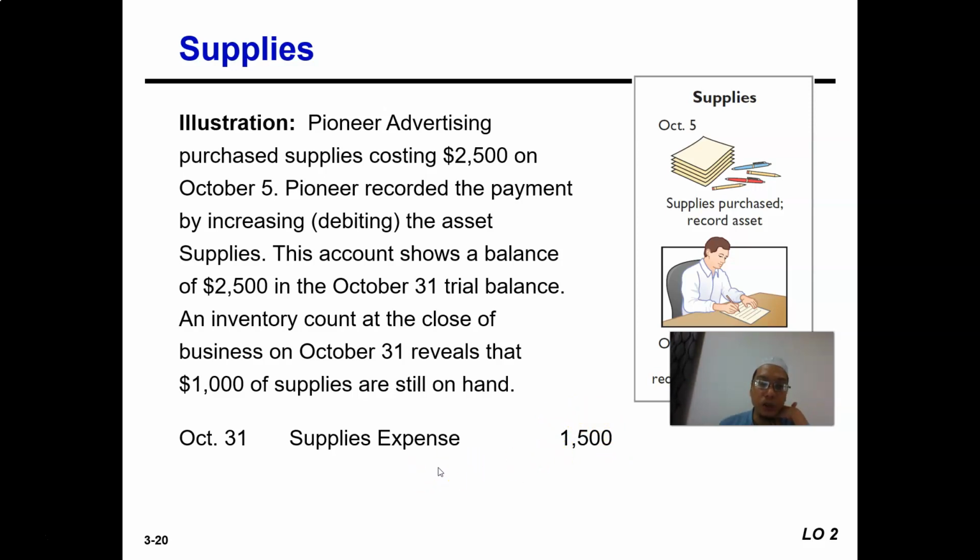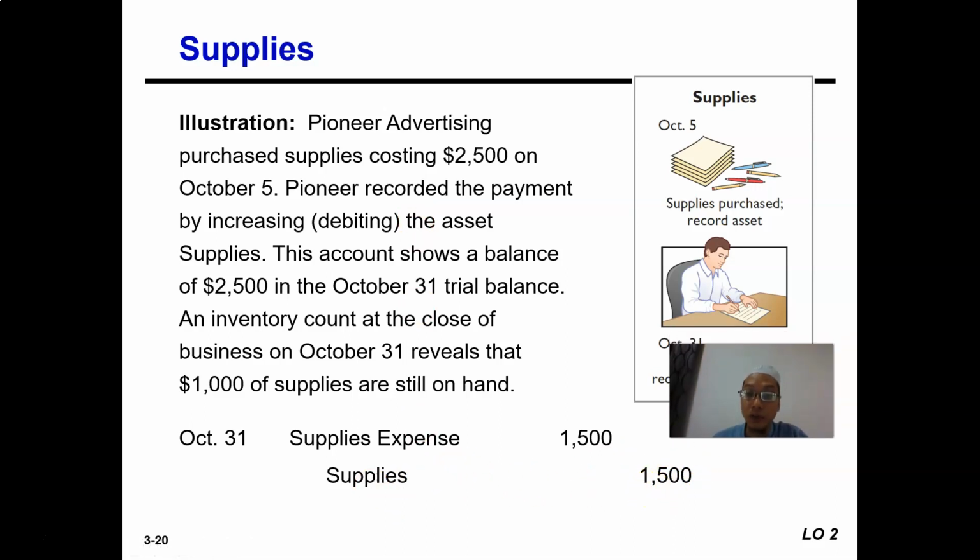And they need to credit supplies 1,500 to take it out. On October 5 they had a supplies asset of 2,500, but because they have used up 1,500, we need to decrease the supplies by 1,500 by crediting supplies by 1,500.